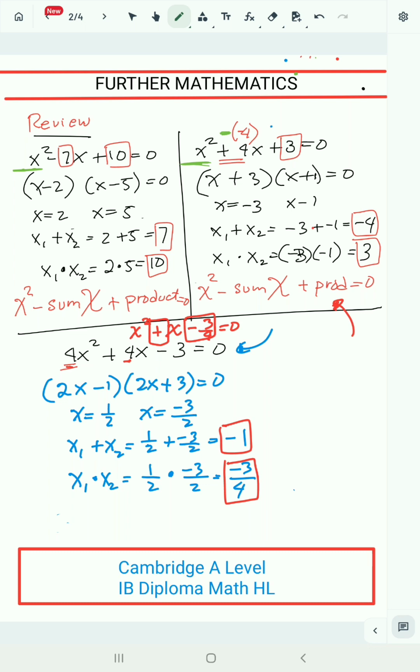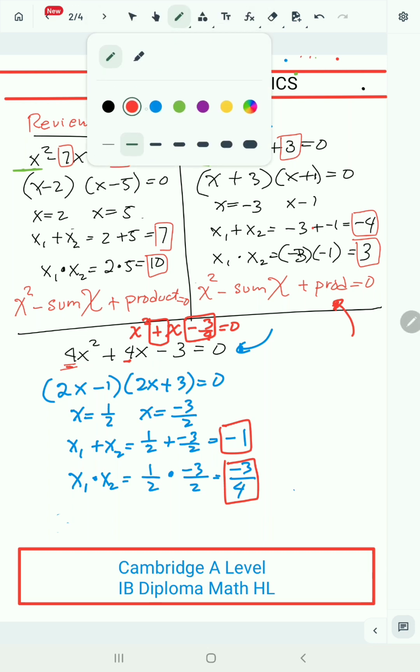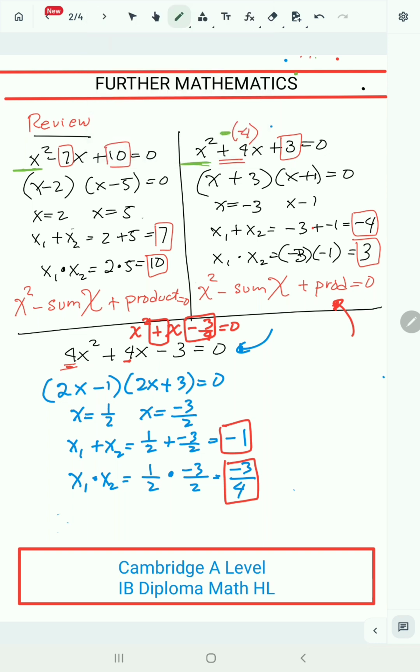But before this one, my dear, please take a look at the following notation. You need to be careful of it. We will use the notation sigma alpha. It's so ugly, but I will just say sigma, meaning the sum, and alpha stands for the roots, and that stands for x1 plus x2.